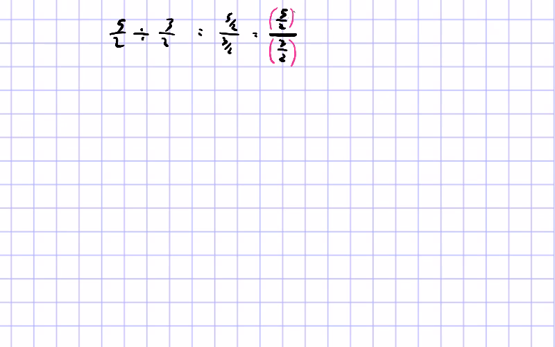So we know mechanically we should be able to simply take 5/2, instead of dividing by 3/2, we could multiply by 2/3, and we should get 5/3, which is 1 2/3. Well, let's work this out visually.